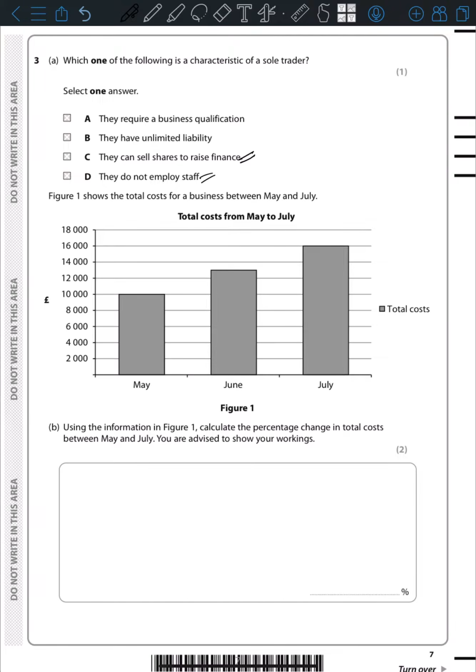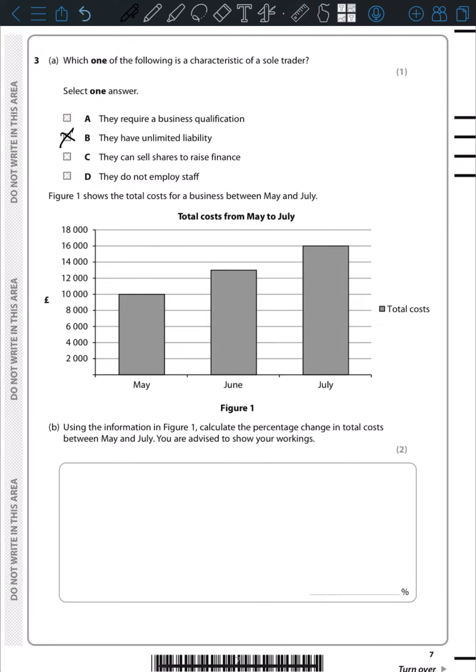So our correct answer will be they have unlimited liability. So the biggest disadvantage of a sole tradership is that they have unlimited liability. Unlimited liability means that your liabilities are not limited, or the highest amount of loss that you can incur is not only limited to the loss of your business. It can also come in terms of private loss as well.